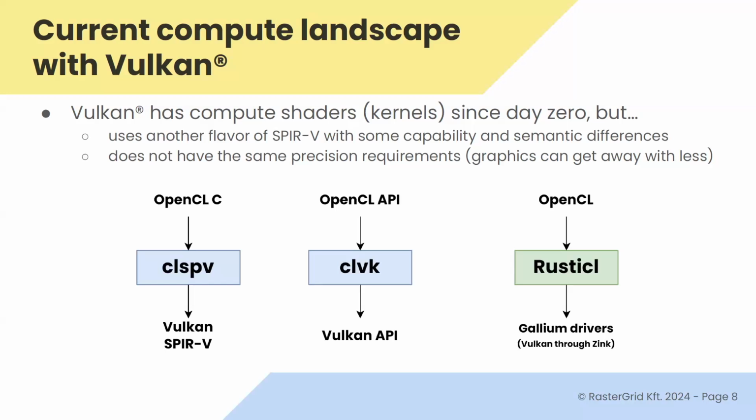And even the Mesa driver stack has an OpenCL frontend, Rusticl, that can run on pretty much any Gallium driver, including the Zink backend, which uses Vulkan as a backend. So there are different approaches to already run even OpenCL content on Vulkan, although none of these are mature enough. They are more in an experimental phase at this point.